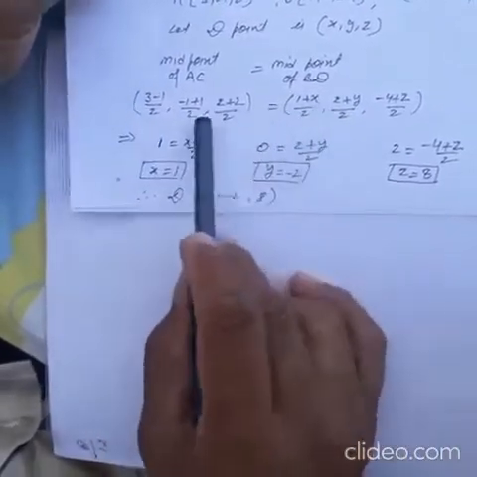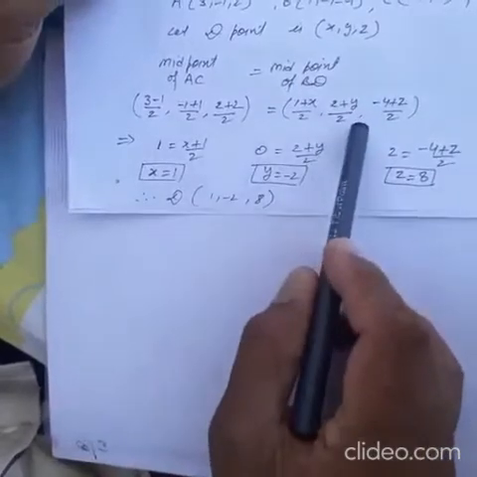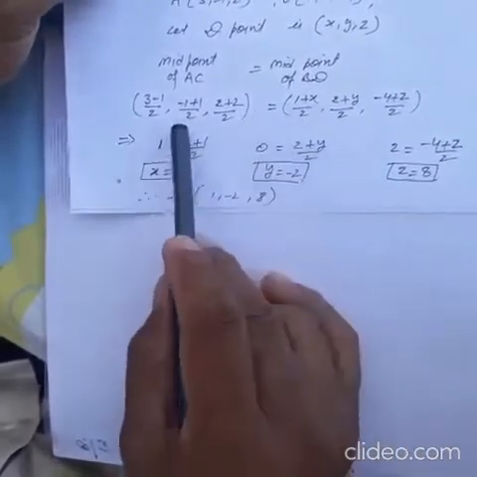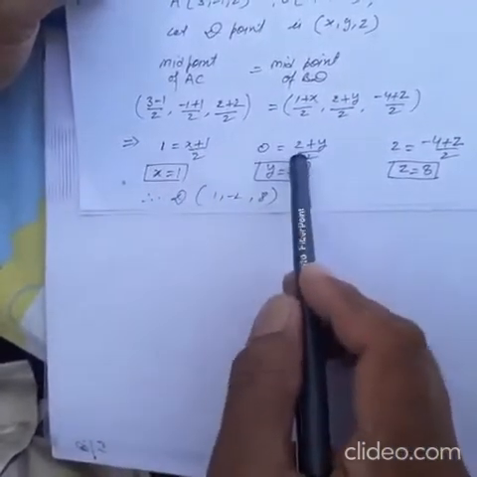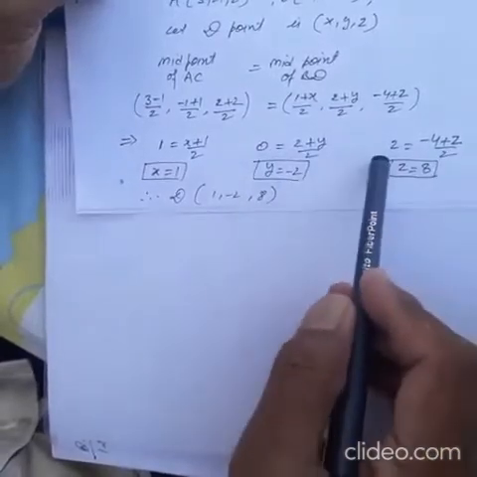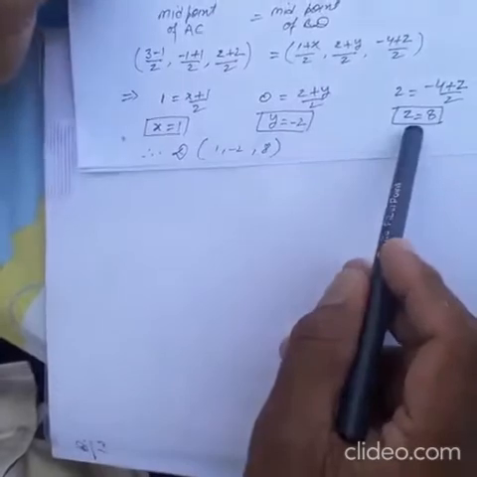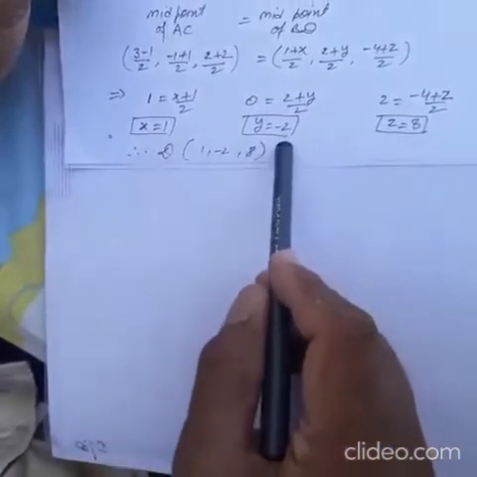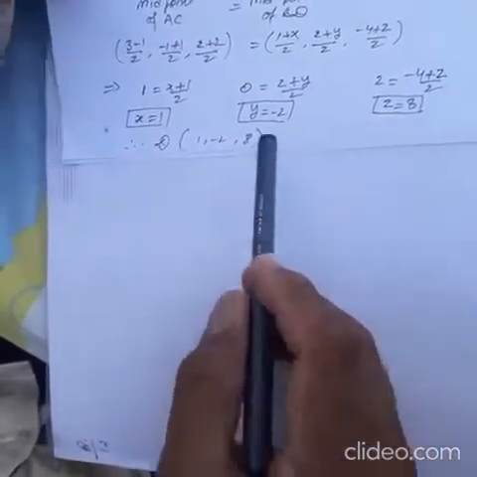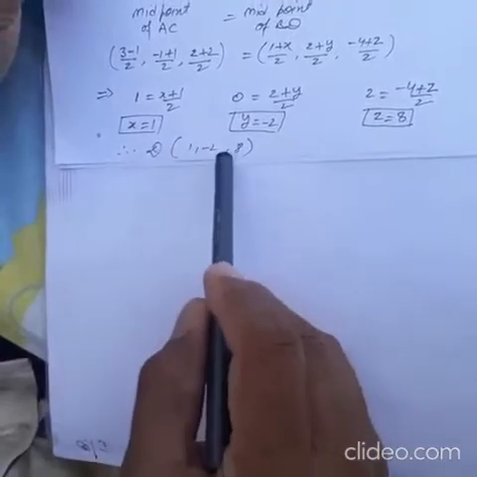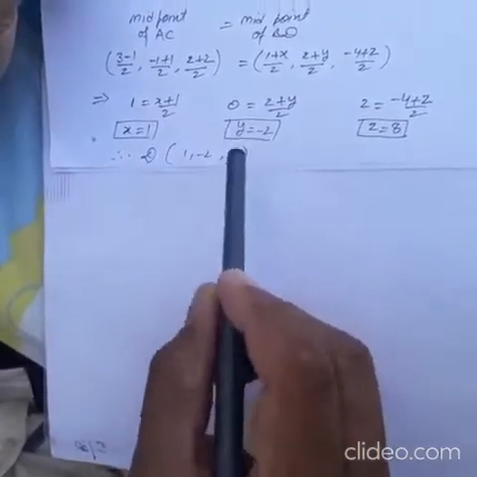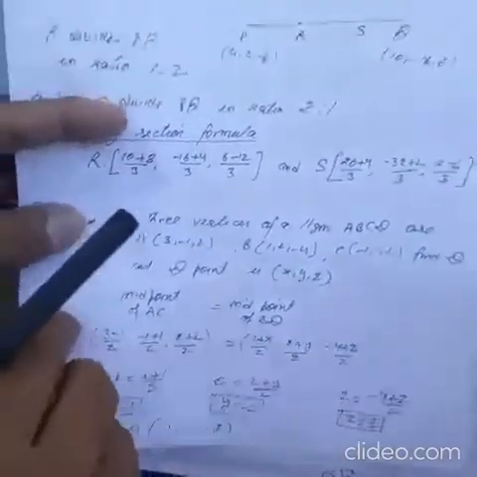After comparing, because these 2 points are the same point, x coordinate will be equal to x coordinate, y coordinate will be equal to y, and z will be equal to z coordinate. So you solve and find values of x, y, z. So x is 1, y is -2 and z is 8. Therefore D point will be (1, -2, 8). I hope it is clear to all of you.